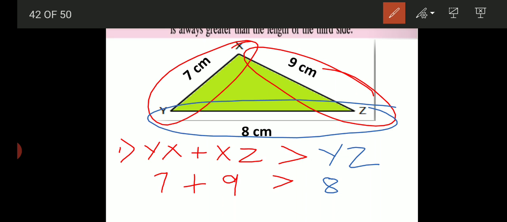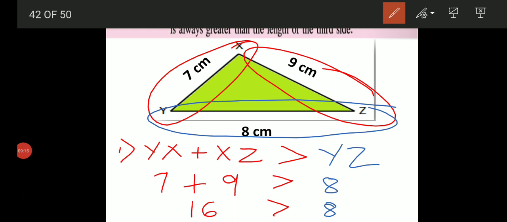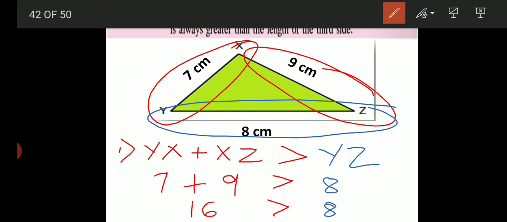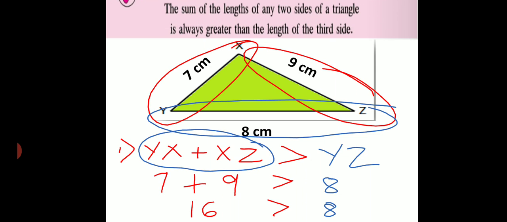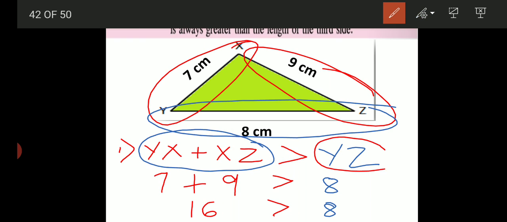So 7 plus 9 gives you the answer 16, which is greater than the third value 8. So with this we have proven that, children, the property, which is the sum of the length of any two sides of a triangle, is always greater than the length of the third side. So the third side was this.